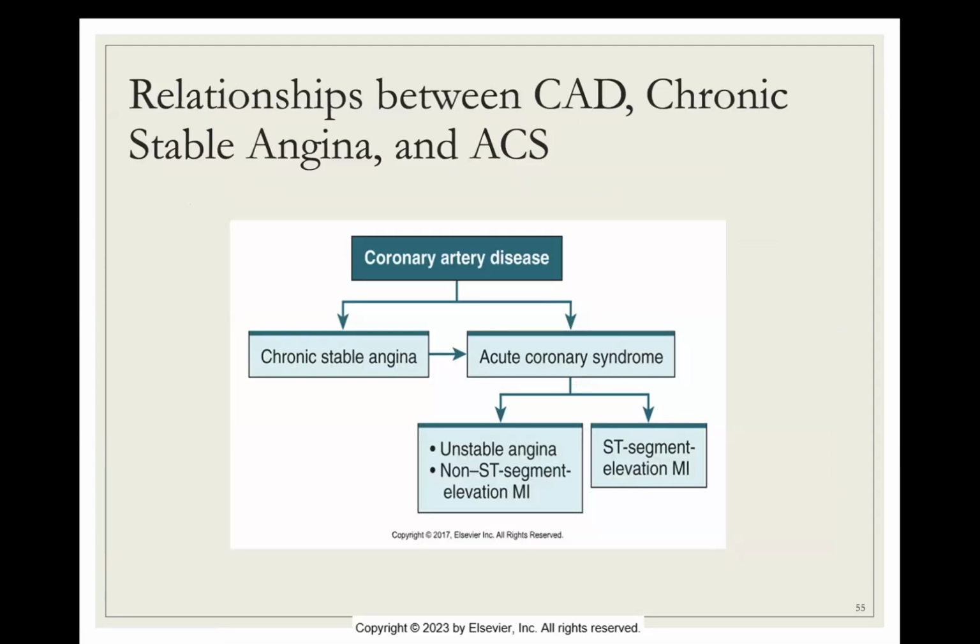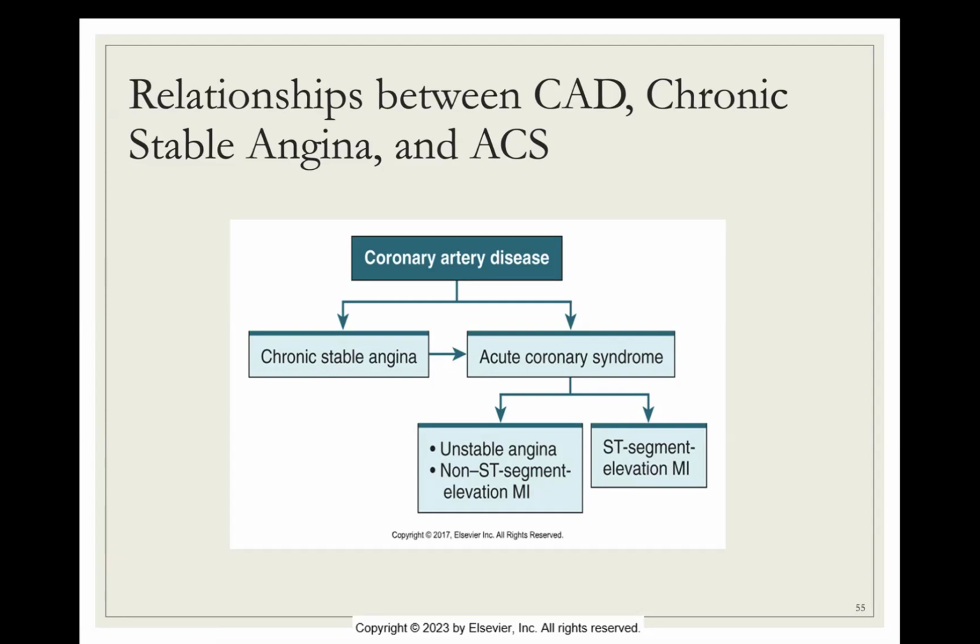Okay. So, coronary artery disease is comprised of chronic stable angina, which we talked about in the coronary artery disease section, and then acute coronary syndrome. So we're talking now about acute coronary syndrome, which is unstable angina or a non-ST segment elevation MI or an ST segment elevation MI.